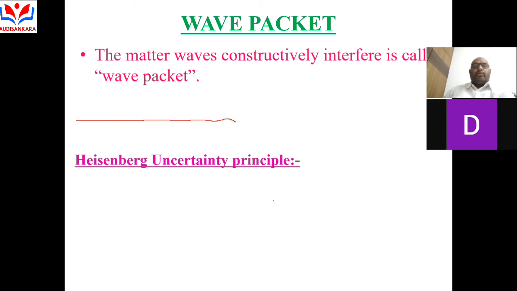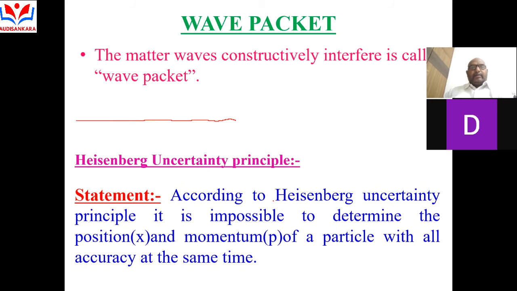So another one is, what is the Heisenberg uncertainty principle? According to the Heisenberg uncertainty principle, it is impossible to determine the position and momentum of a particle with complete accuracy at the same time.